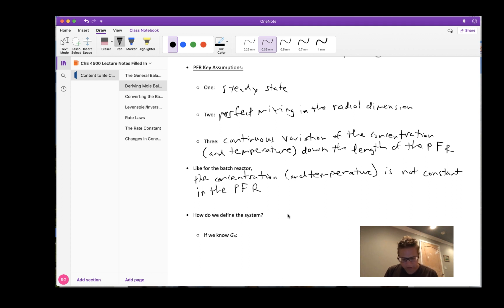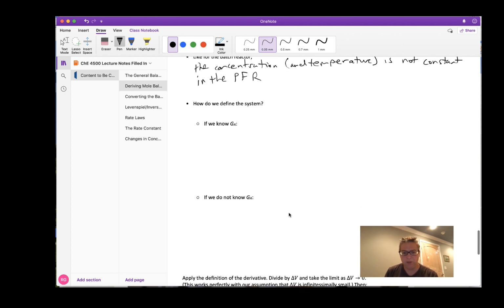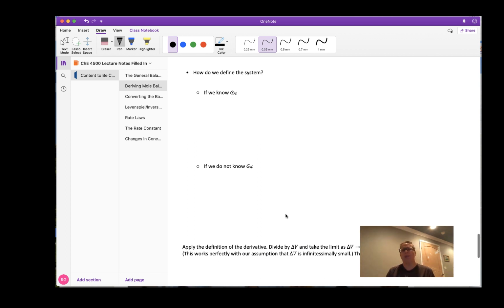Okay, so that makes it a little challenging to define the system. So we want to take a mole balance, we have to define a system. How are we going to do that? There are two ways really to do that. If we have a plug flow reactor, a lot of times we're going to draw those, they look like this. So we just draw a cylinder.